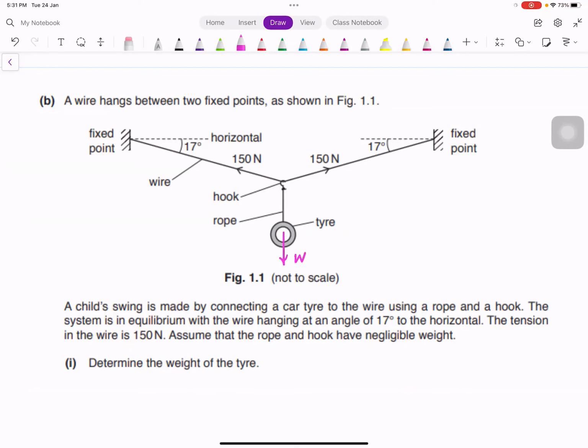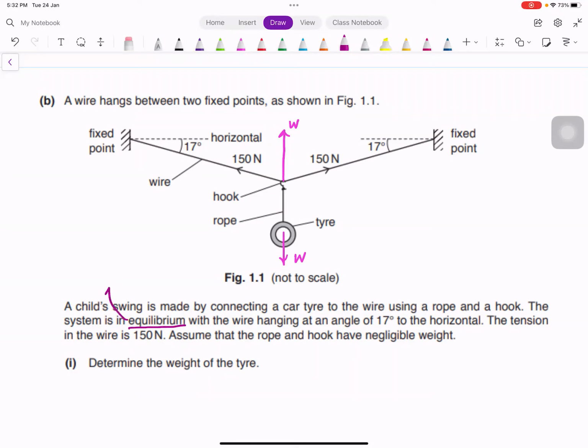But we should also understand that whatever the weight of this tire is, it is in equilibrium, which means that the wires are carrying the same force and balancing it. Is that clear, everyone? Yes. So remember this word, this is very important.